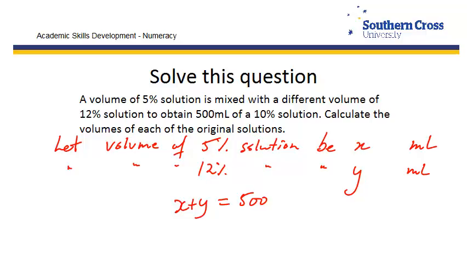So in a 5% solution, if we've got X mil of it, the amount of the weed killer will be 0.05, which is 5% taken to a decimal, times X. And the amount of ingredient in a 12% solution, where we've got Y mils of it, will be 0.12 times Y. And that's going to equal a 10% solution, 0.1, and 500 mils of it.